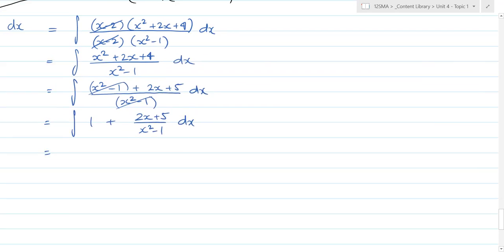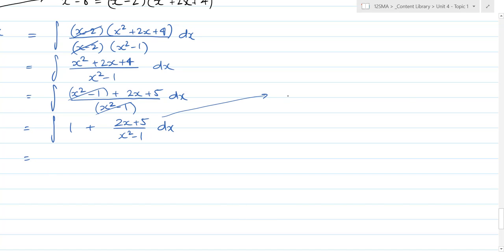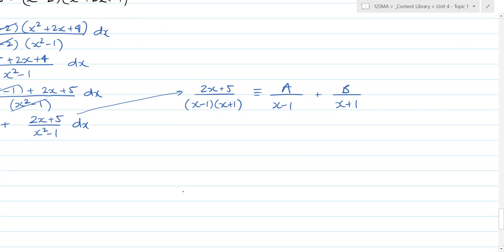So this is 2x plus 5 over x minus 1, x plus 1, and that can be written as identical to a over x minus 1 plus b over x plus 1. And if I do that cross multiplication, multiplying by everything in this denominator, I'll come out with 2x plus 5 is identical to a times x plus 1 plus b times x minus 1.